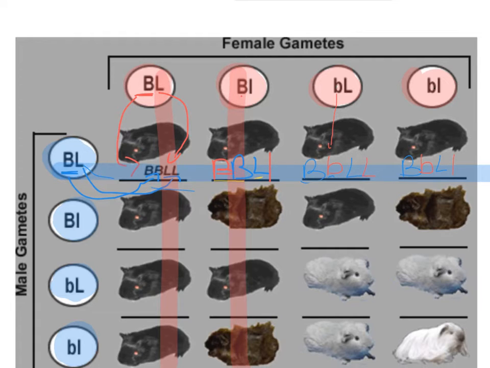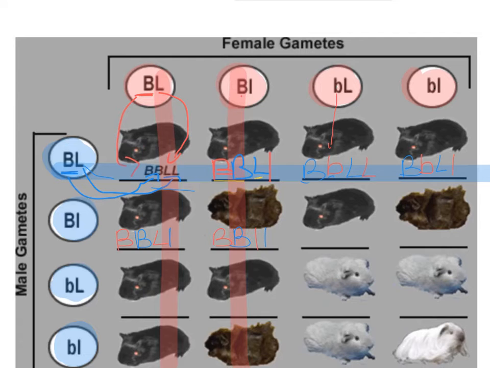Okay, let's look this over. Big B from mom, big B from dad, big L from mom, little L from dad. Big B from mom, big B from dad, little L from mom, little L from dad. Here's another one.